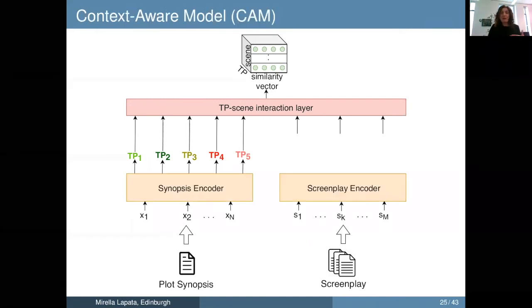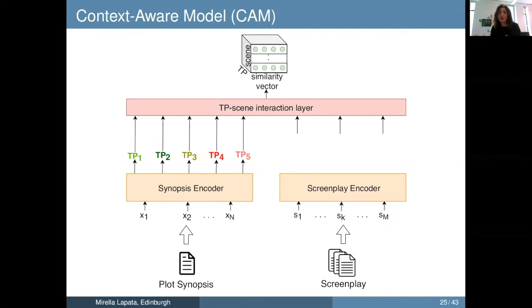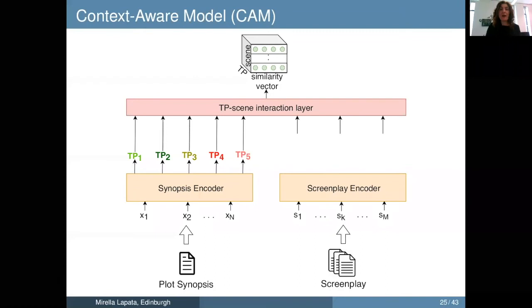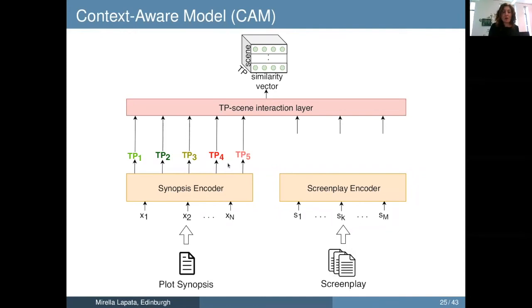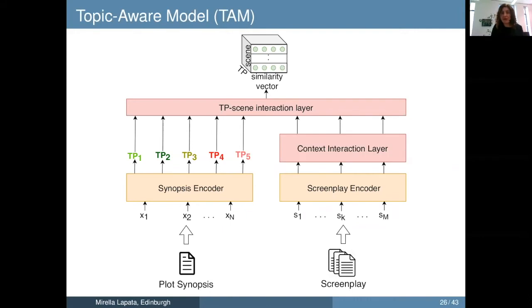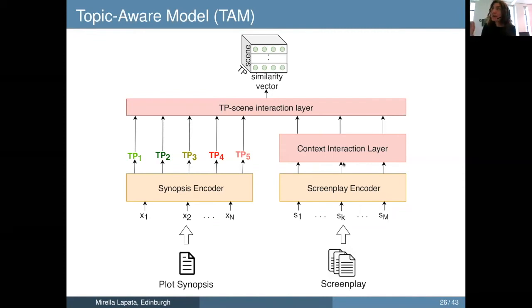Again, we're going to have our synopsis encoder and a screenplay encoder where we encode these sentences. On the plot synopsis side, we also have the turning points, and we will measure the similarity between the sentences in the synopsis and the scenes in the screenplay encoder. Now, what's missing here is that I will again have a context interaction layer on the screenplay, and it's the same idea.